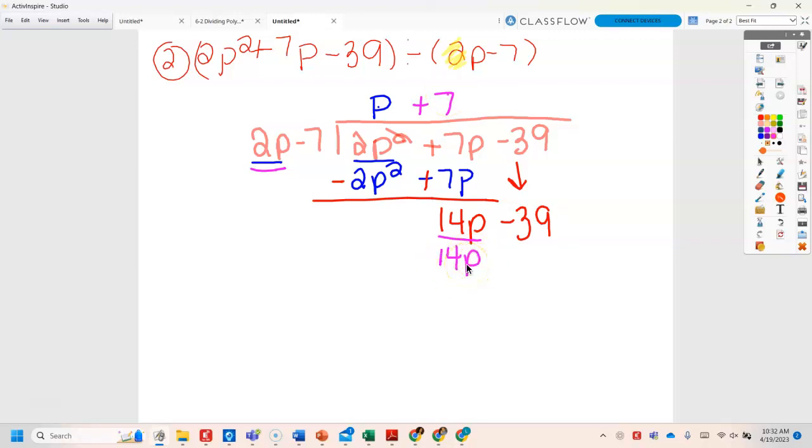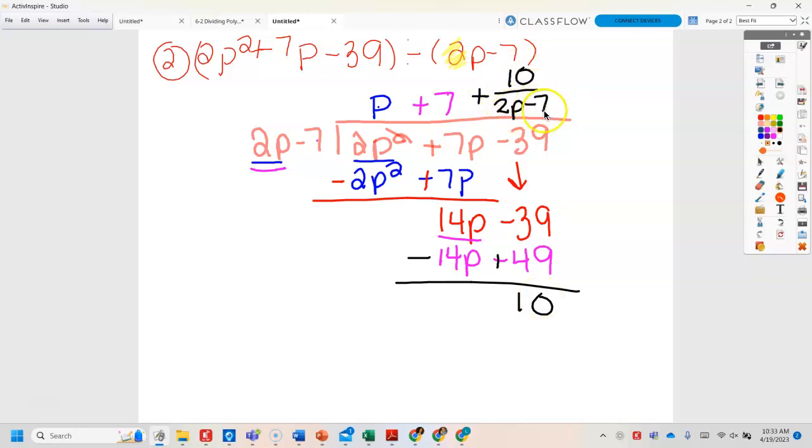And then the p, 7 times 7 is negative 49. But again, I have to change my signs. So the negative 14p and positive 14p cancel. 49 minus 39 is positive 10. For this one, I take my remainder and rewrite it over the divisor in the top of the problem.